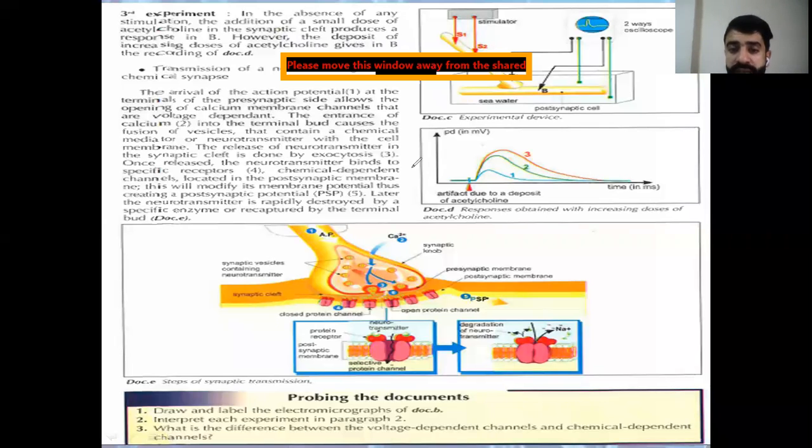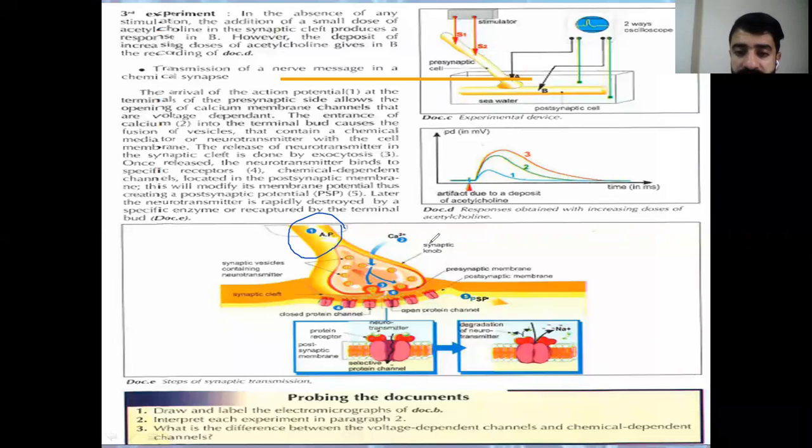This action potential arrives toward the presynaptic terminal. Then we have fusion of Ca2+. This Ca2+ allows the secretion or the exocytosis of the neurotransmitter inside the secretory vesicles into the synaptic cleft. This release into the synaptic cleft will lead to the binding on the receptors on the postsynaptic, and this will lead to the postsynaptic potential, PSP.